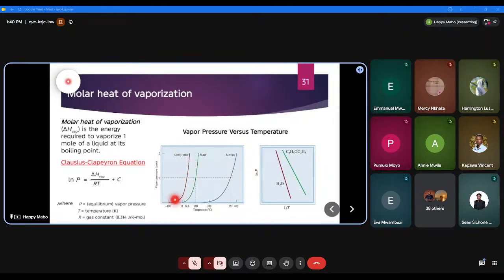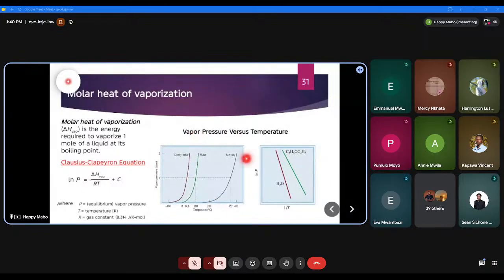You're trying to compare the vapor pressure and the temperature at which these three different substances boil. Diethyl ether boils at a temperature of 34.6, then this one at 100 degrees Celsius, and you've got 37 degrees Celsius.